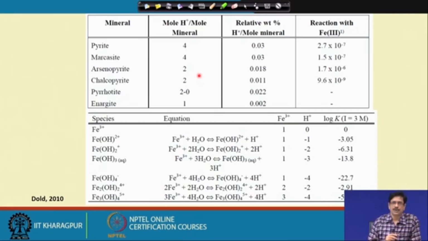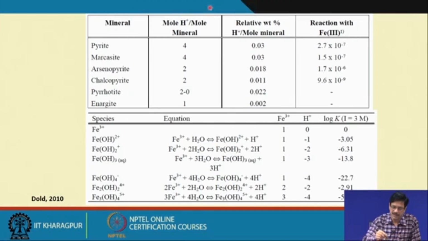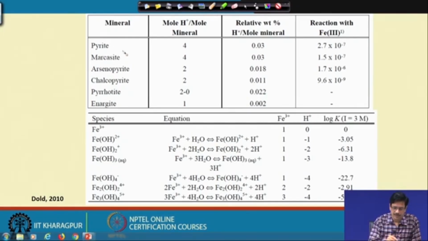Now the question is whether it is only pyrite or any other sulphides. Other sulphides also get oxidized. They do generate the sulfate ion and the H plus ion. But the most important culprit in acid mine drainage is actually pyrite. As we saw before, 1 mole of pyrite will essentially generate 4 moles of H plus.